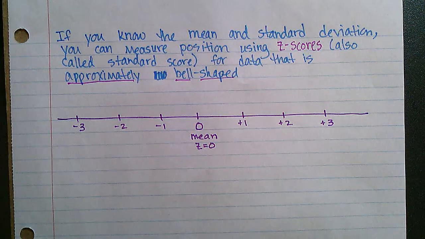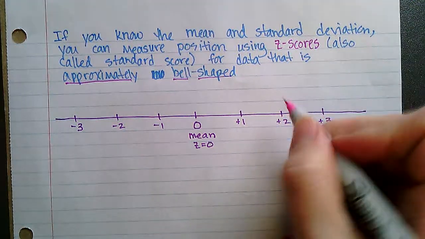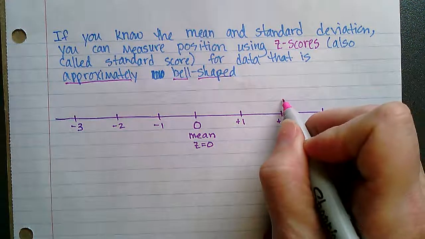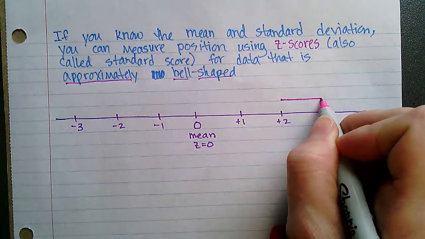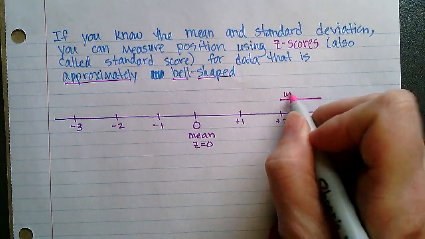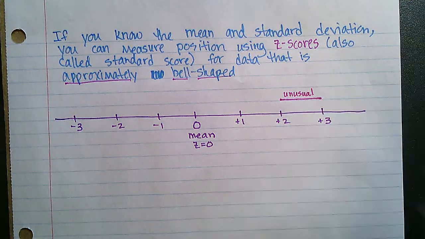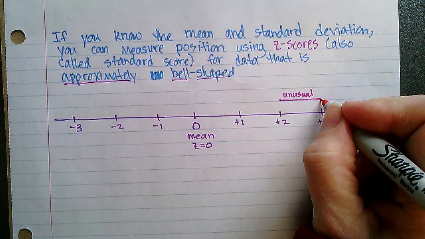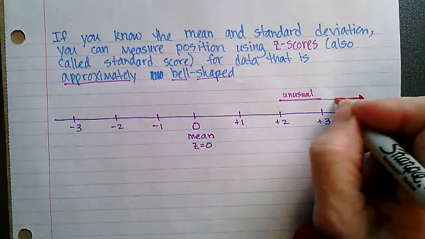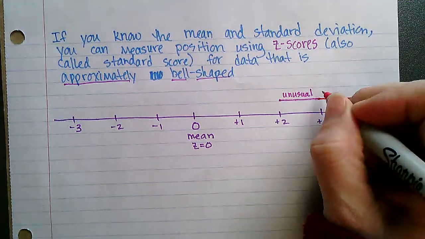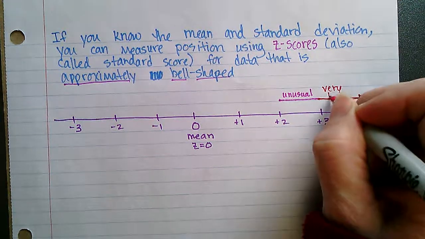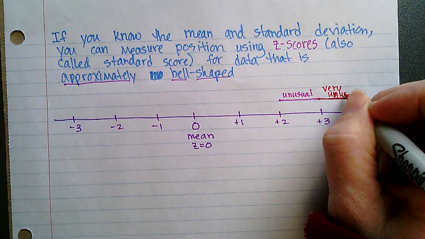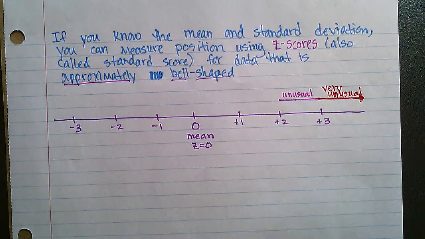If we were 2 standard deviations or more above the mean, so in between 2 and 3, that is where our unusual data values are. And then if we were 3 or more standard deviations above the mean, we would be considered to have a very unusual data value.